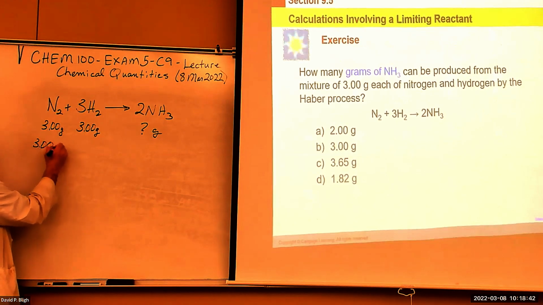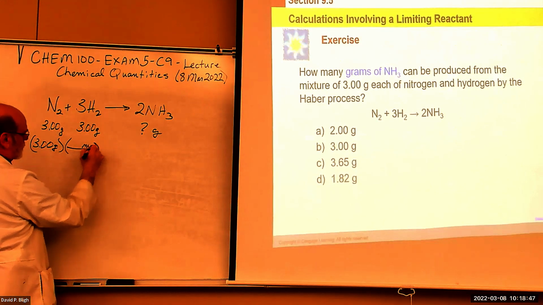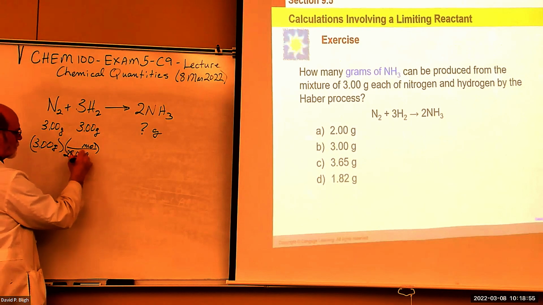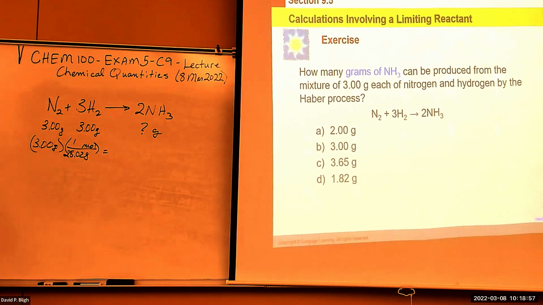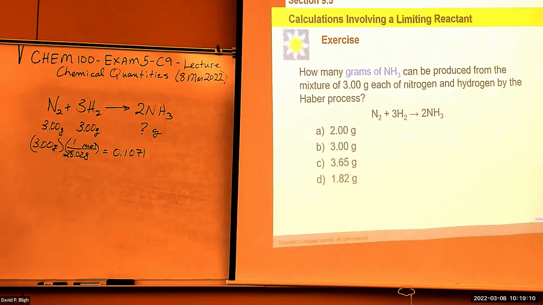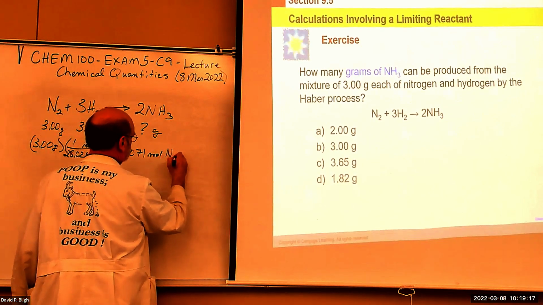So 3 grams of nitrogen. Nitrogen is 14.01, so N2 is 28.02. 3 divided by 28.02 is 0.1071. Right? Yep. That's moles of nitrogen.